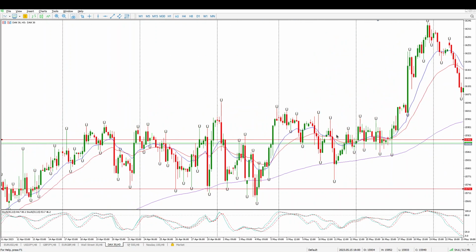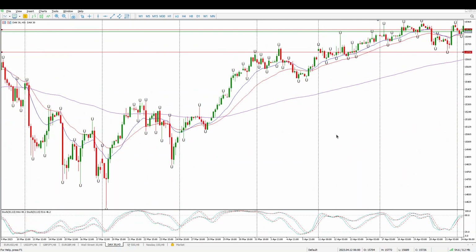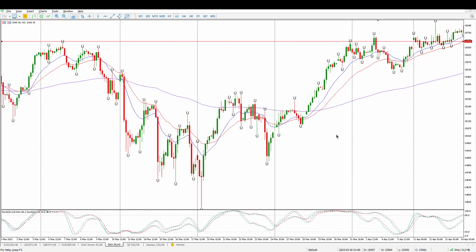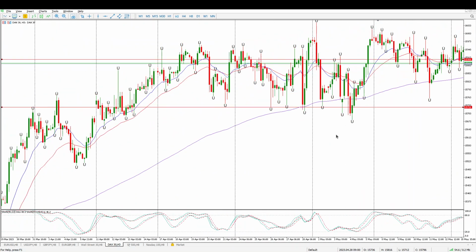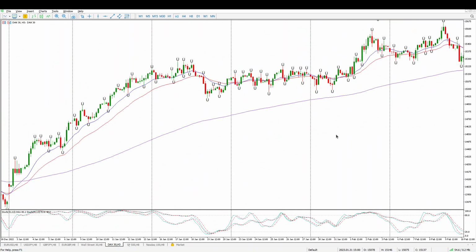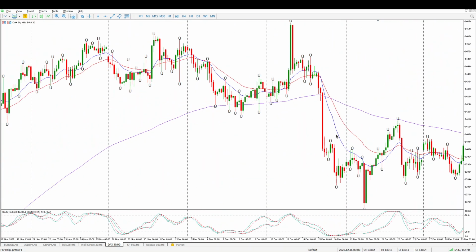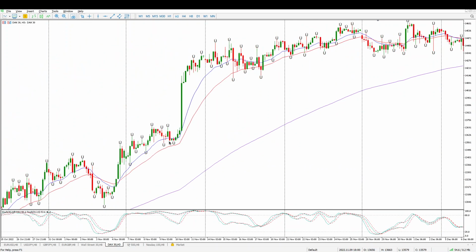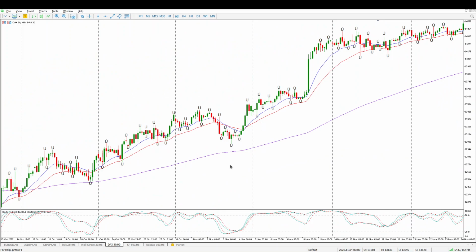Somebody asked me how I know that these moving averages work. Well, quite simply, sitting down every weekend, every evening, going back through price on different time frames and picking up the patterns. You can see they're all over the place.